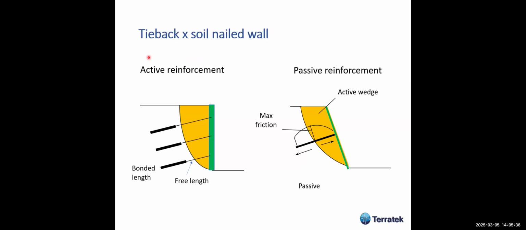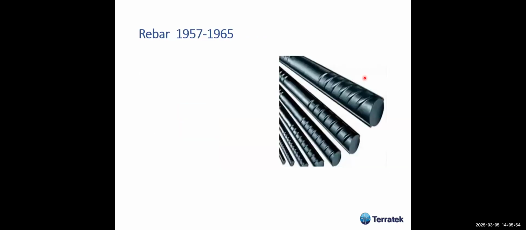Basically, we are talking about the difference between an active reinforcement with pre-stressed anchors and a passive reinforcement that, in the beginning, is not pre-stressed, okay? So this is the difference that we're going to talk about during the class.